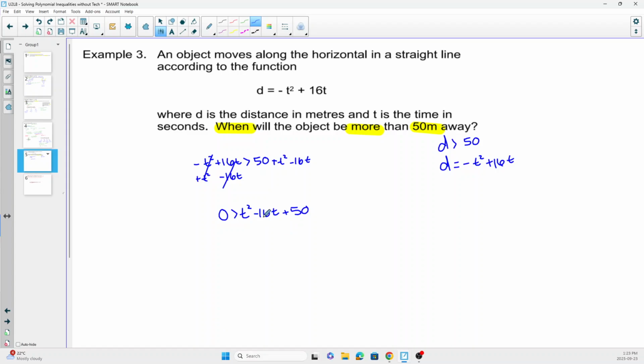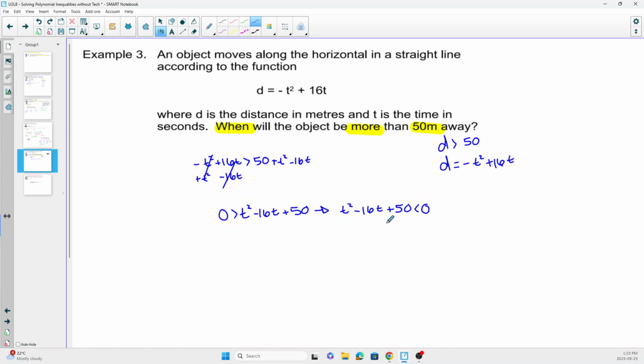So in other words, we want to know when will this function t squared minus 16t plus 50 be less than 0, or in other words, when will 0 be greater than this function? If this notation messes you up, just rewrite it, but with t squared minus 16t plus 50, our alligator mouth doesn't change, so when will that be less than 0?